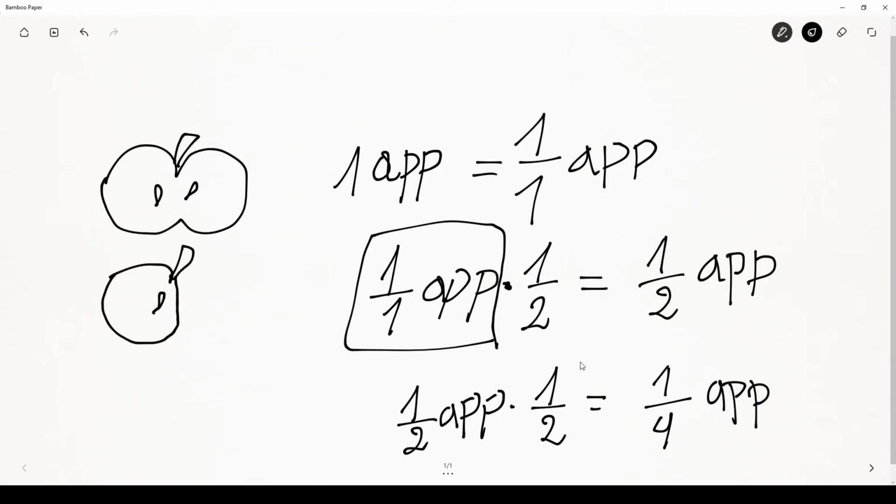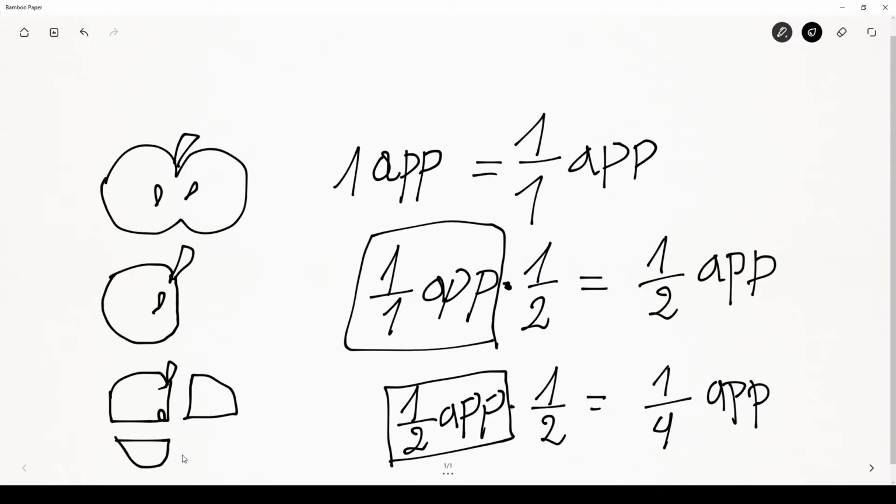We took half again of this half we already had. We had already half an apple and we took half of that again. So now we have 1/4 out of a whole apple. Okay?